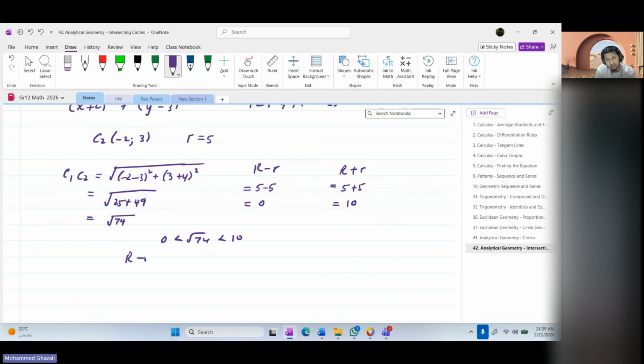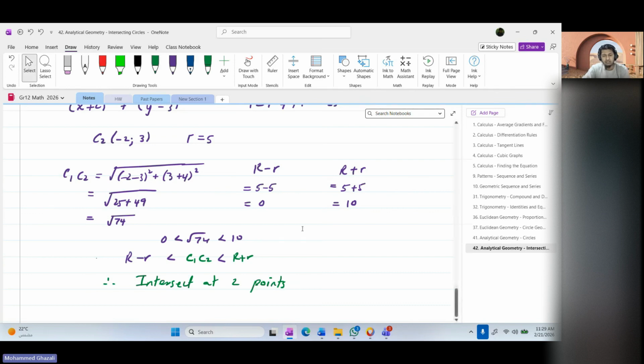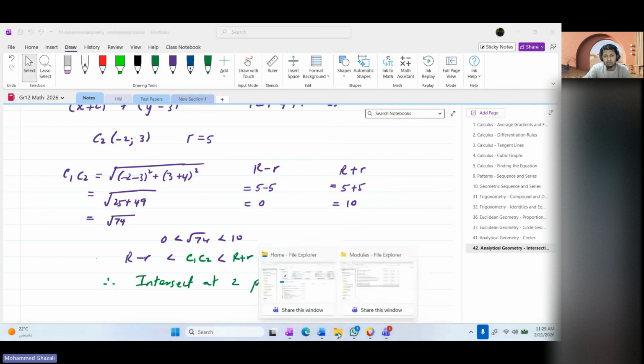So in other words, R minus r is less than C1, C2, the distance between the centers, and that is less than R plus r. So they intersect at 2 points. Right, so that's how we will solve these types of problems.